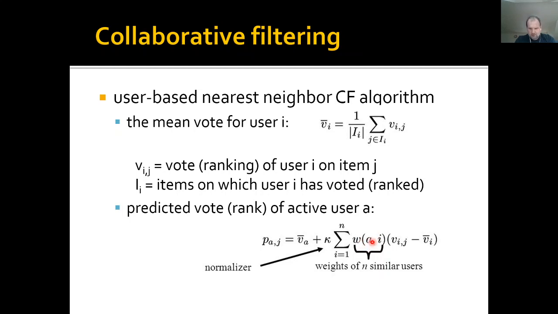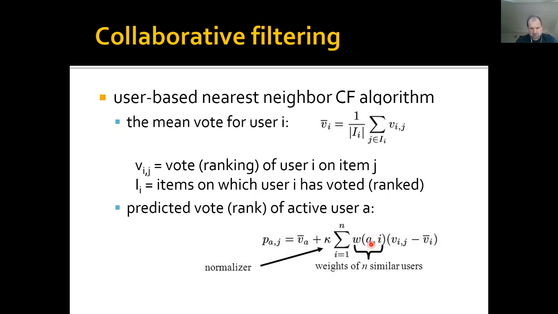As you can see, users highly similar to A also have high weight, so their opinion is more important than the opinion on the same item of a user that is not so similar to A. So that's the weighting component here.